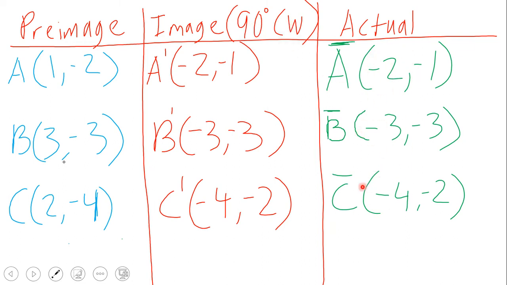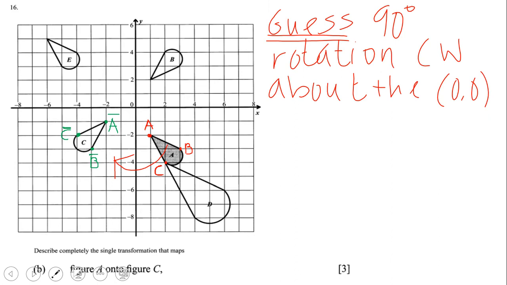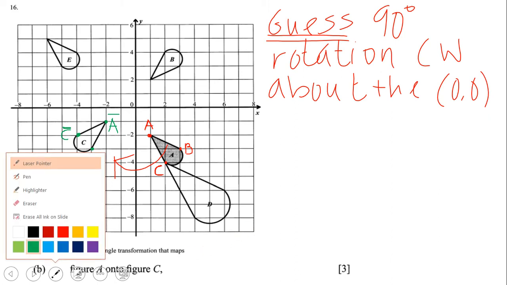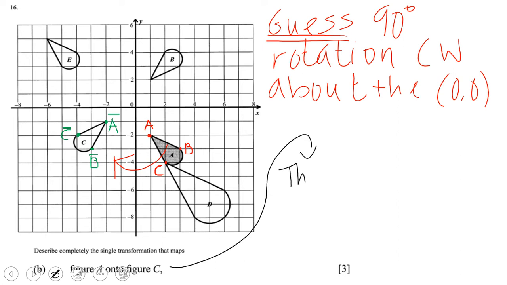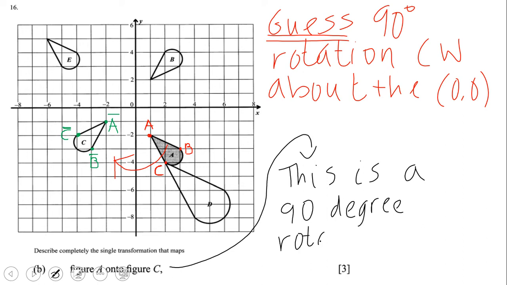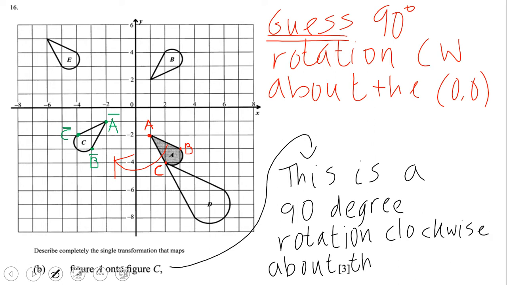And so what that means is that we can say the answer for B is: this is a 90-degree rotation clockwise about the origin.